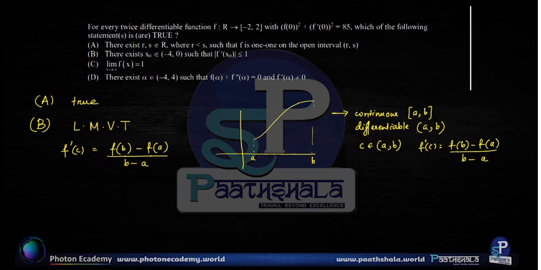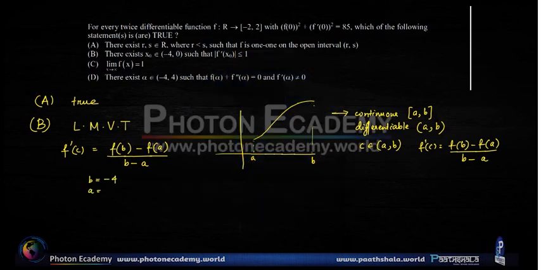Let's take b as minus 4 and a as 0, because we need to find x0. It's given that x0 belongs to minus 4, 0.